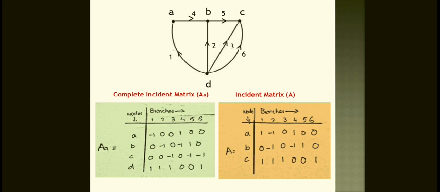B is 0 and minus 1, and 3 is a 0, and 4 is minus 1, it is also incoming, right? And we will take 5 is outgoing, so therefore it is a 1, and 6 is 0 because it is irrelevant to the B.